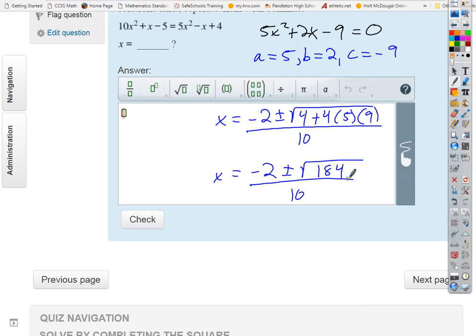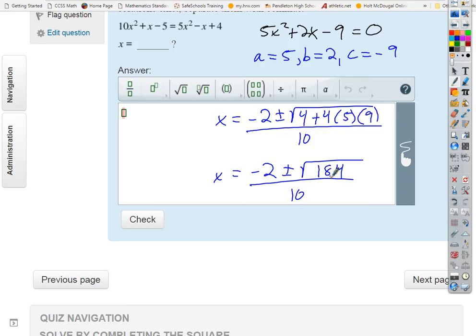Nope. I think we're stuck with square root. It seems like that ought to simplify, but it doesn't. Oh, 4 does. What am I saying? Yeah, 4 does go into that.